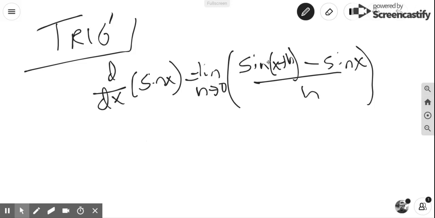If we look at this sine of x plus h, when we did trigonometric stuff last year, we had various formulas and identities about trigonometric functions. One of them was on sine of u plus v.